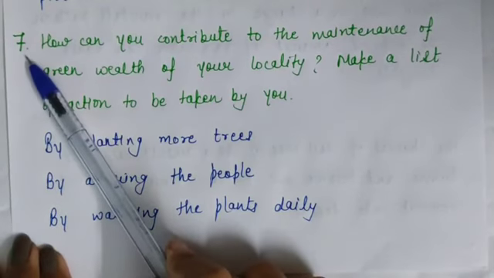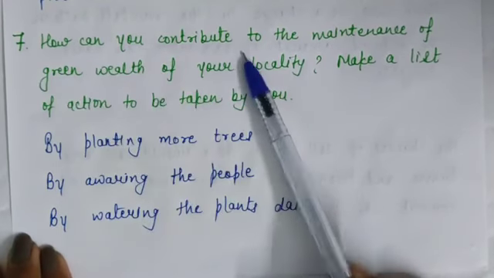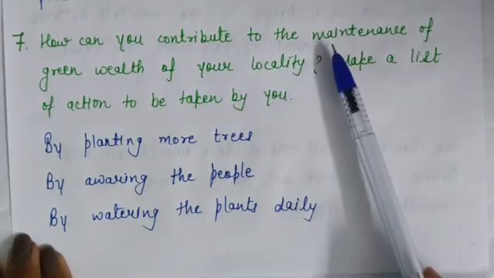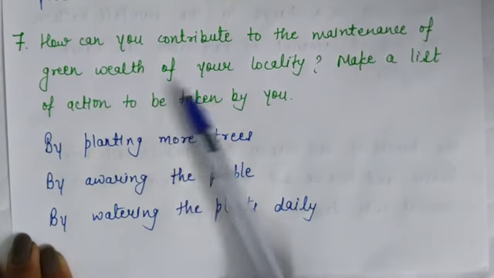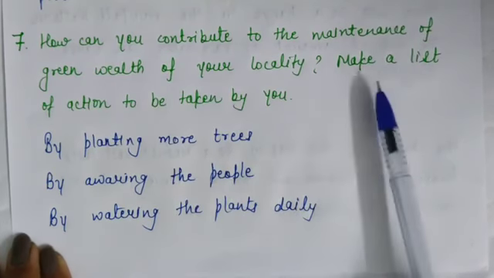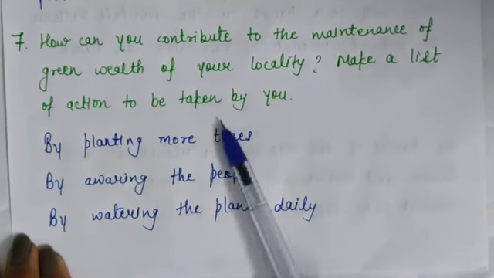Now question number 7 is, how can you contribute to the maintenance of the green wealth of your locality? Make a list of actions to be taken by you.